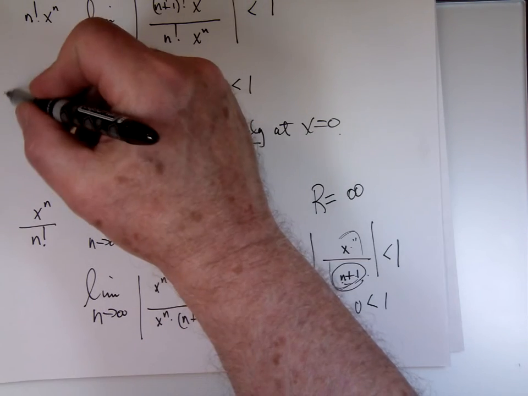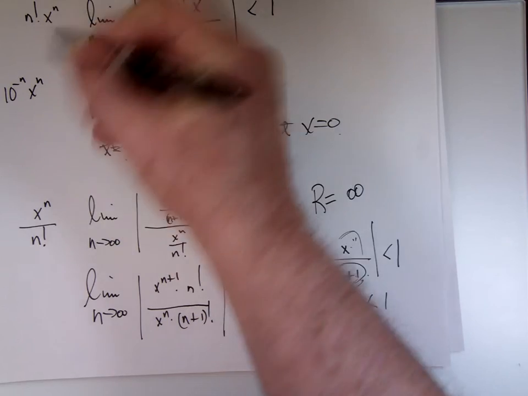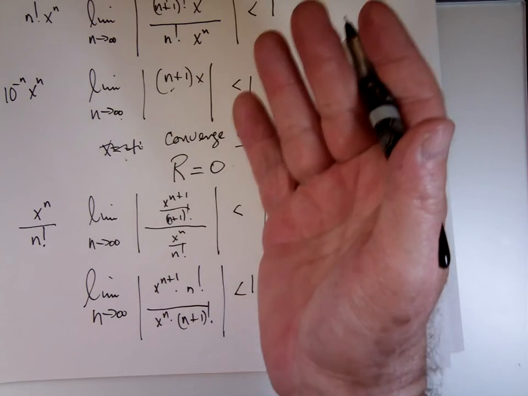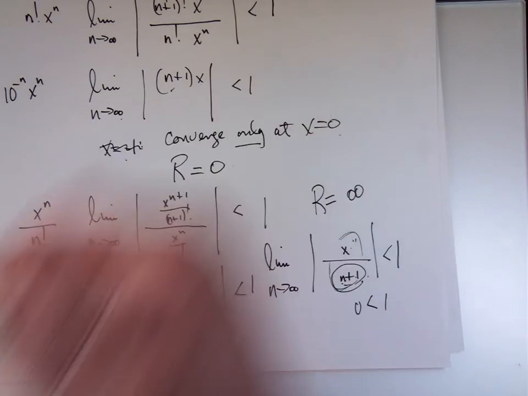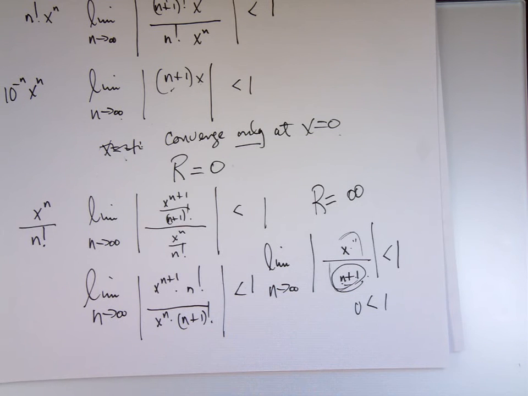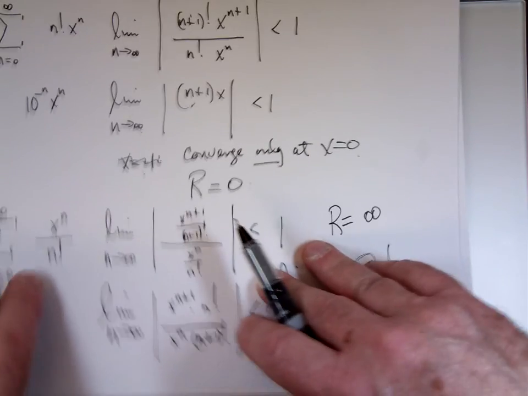It's kind of cheating because that's really x to the n over 1. No, wait. Because look at this. I think I have an example here. Suppose you had this one.